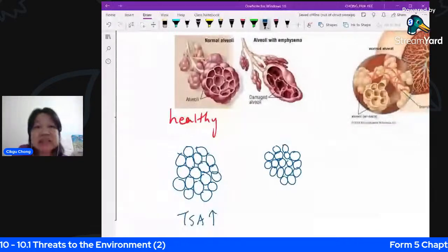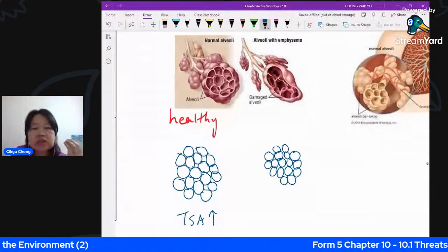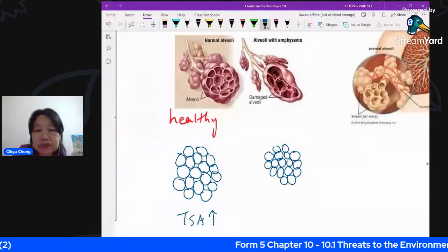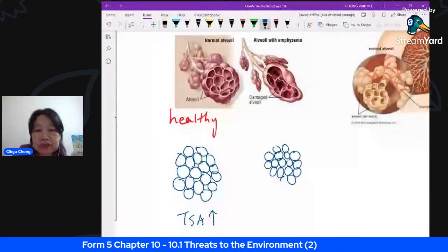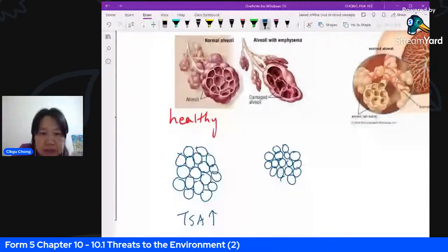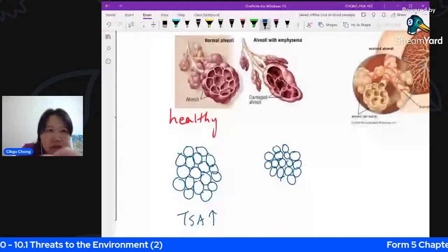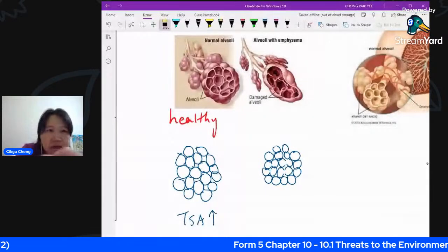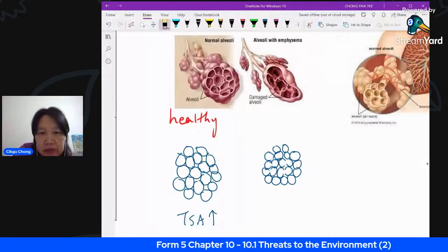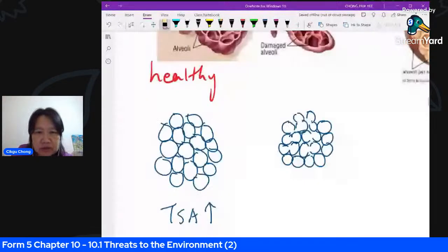Because of corrosion, the acid in the cigarette smoke that you breathe in breaks down this part of the membrane.